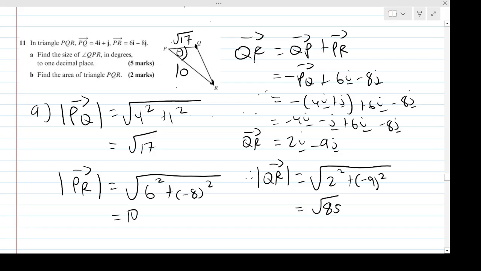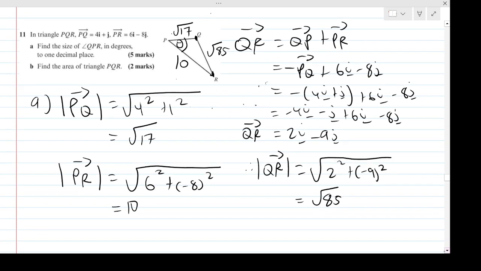That is the length of QR. And that is the strategy, and we will see more examples with shapes and vectors. That is literally the strategy to find the lengths of the sides: doing the magnitude of all the vectors. Now we're in a position where it's basically just a trigonometry question. If I look at this triangle, I've got all 3 sides and I want to work out an angle, that's the cosine rule.